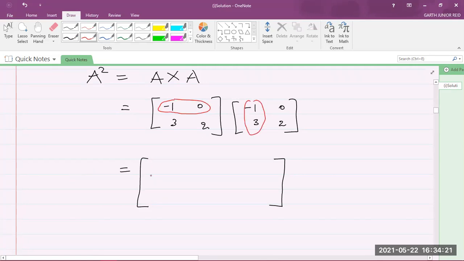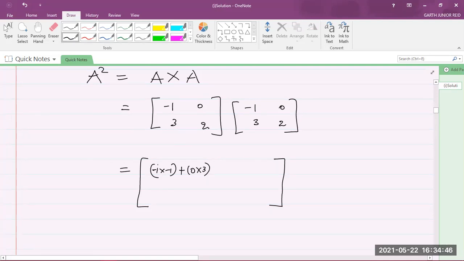All right. So it means that my entry will be right here. That's where my entry will be. Let's write that down. That's going to be a -1 multiplied by a -1 plus, we're going to have 0 multiplied by 3.